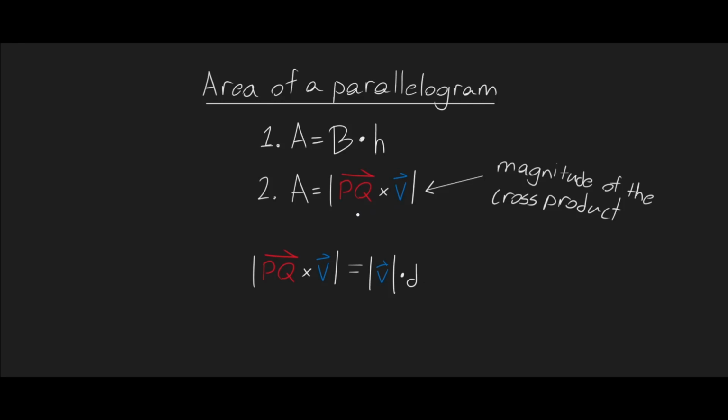So we can say that the magnitude of the cross product of those two vectors is equal to the magnitude of that vector times the distance.